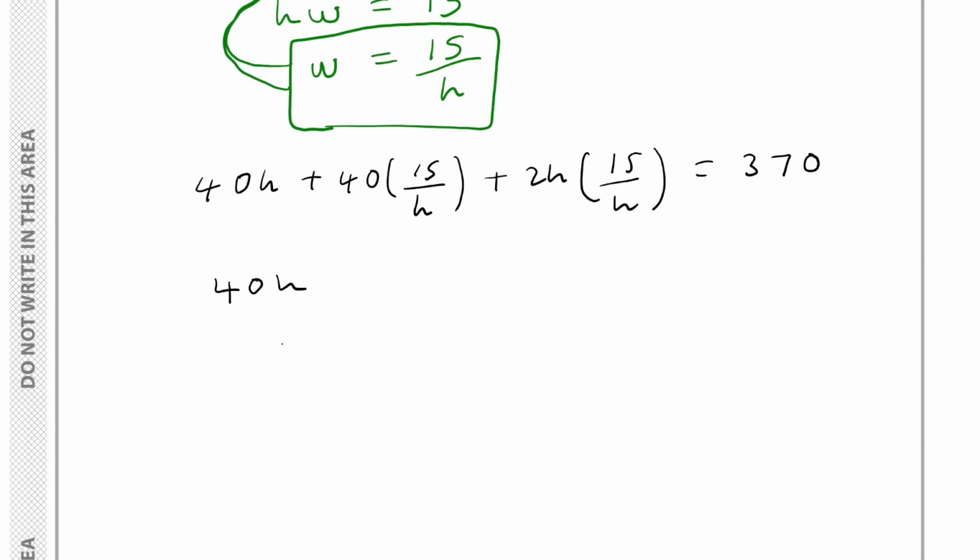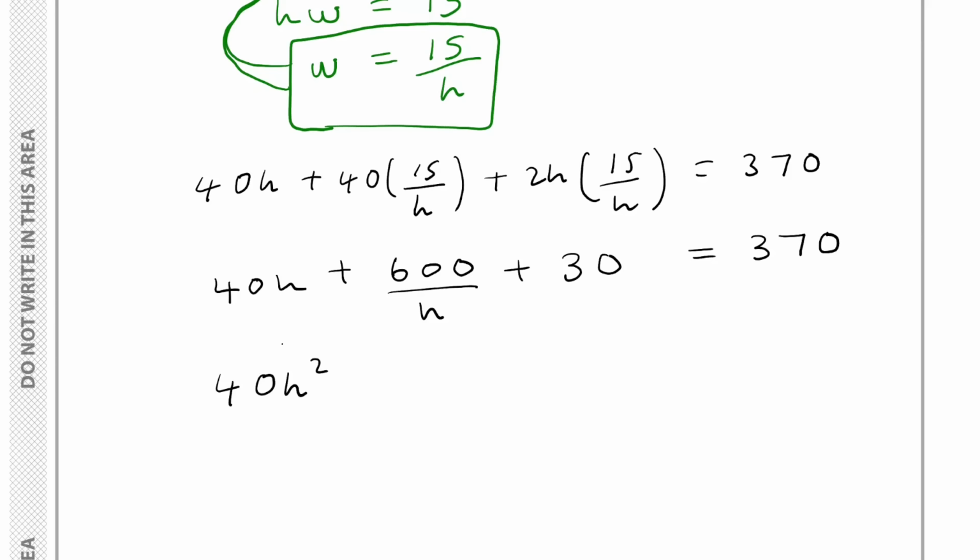So 40H, 40 times 15 is 600 over H. H over H cancels out. So 2 15s are 30, and that equals 370. This is going to be a quadratic. If I multiply every term by H, I'm going to get 40H squared plus 600 plus 30H equals 370H.